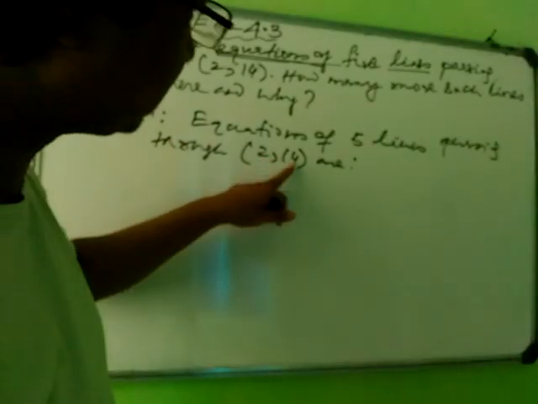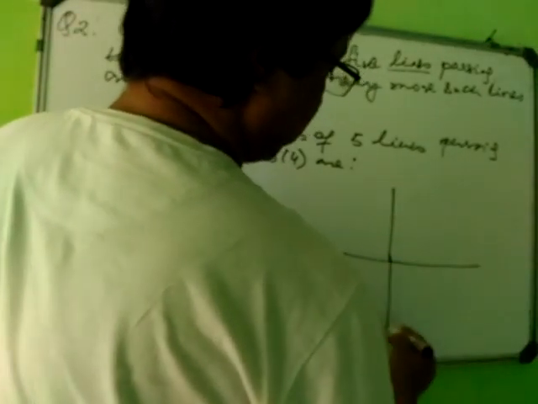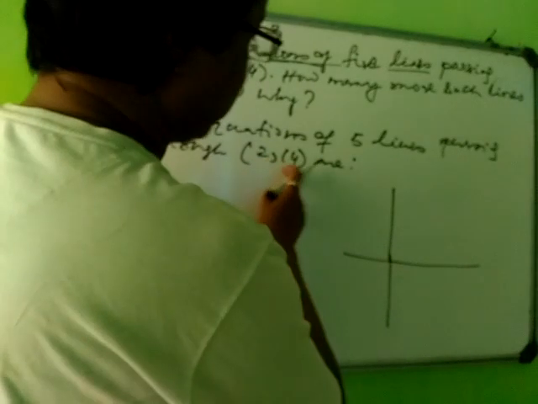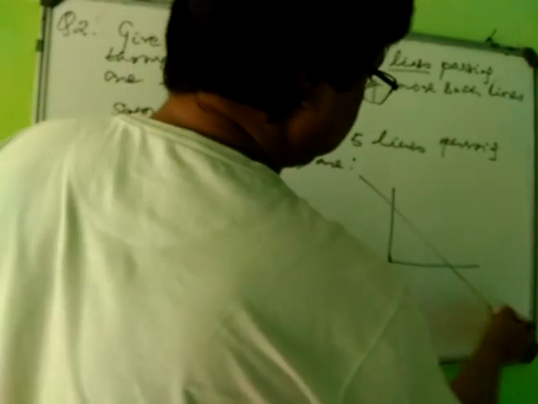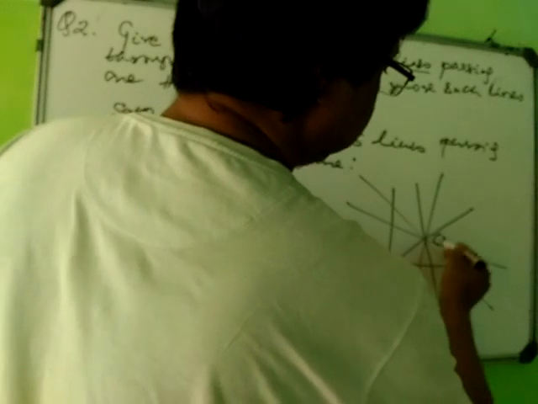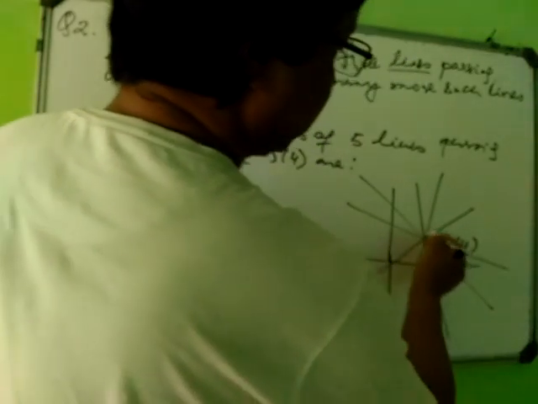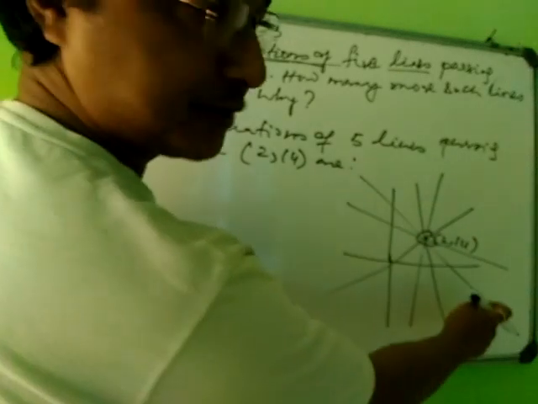This will be x, this will be y. Because if you draw it graphically, supposing this is (2, 14), you have got the lines in this way. So many lines will be coming in this way, and this will be (2, 14). So this will be the common solution for all the equations.